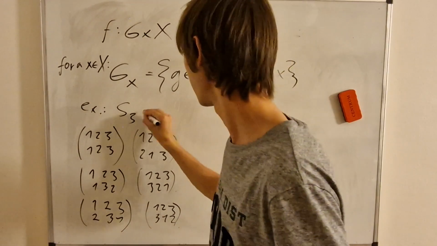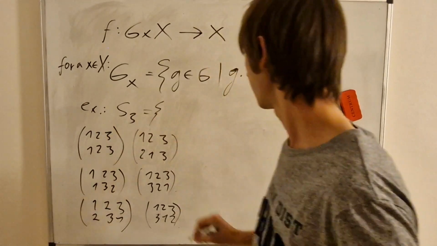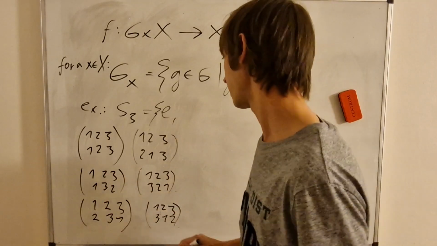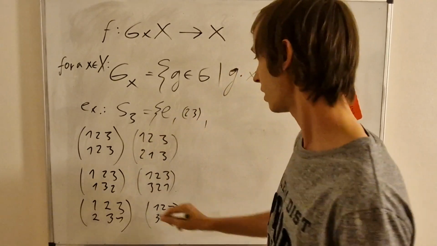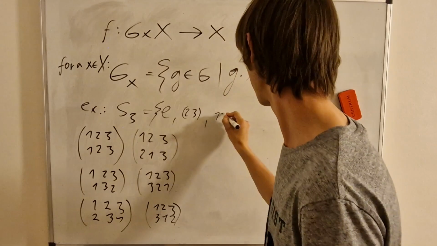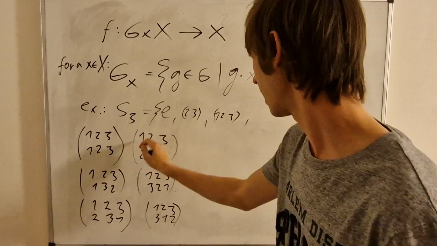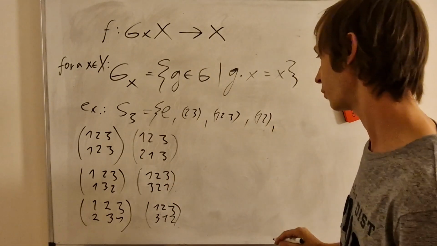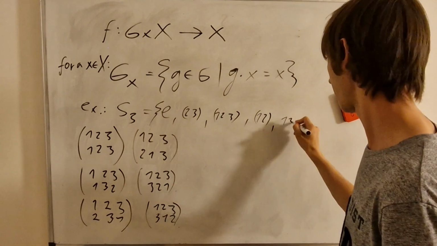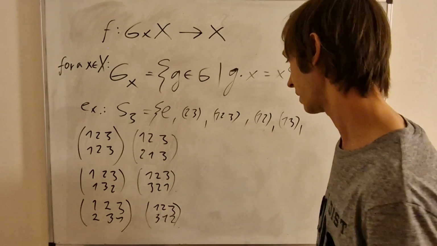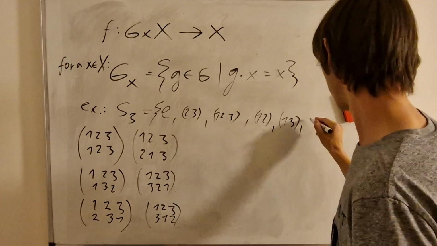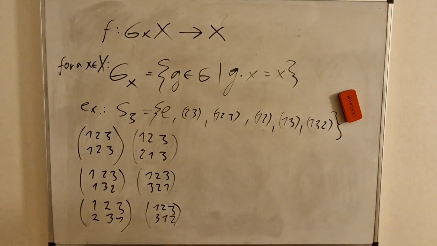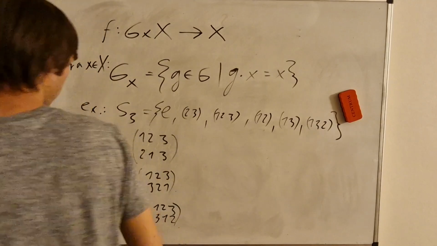So S3 consists of these elements: the identity element, which doesn't change the order, then this element is (2 3) as a cycle, this element is (1 2 3) as a cycle, this element is (1 2) as a cycle, this element is (1 3), and this element is (1 3 2). So these are our 6 elements of this permutation group, permutations of 3 letters.